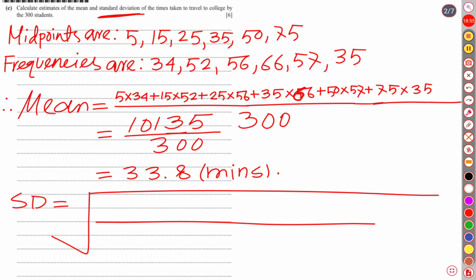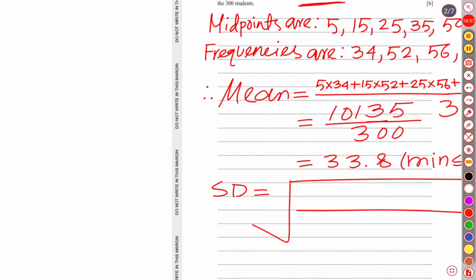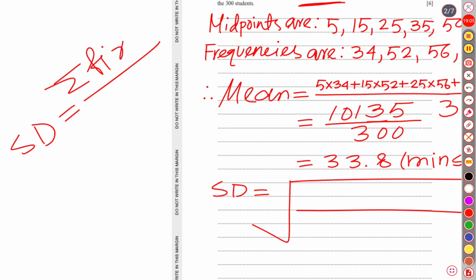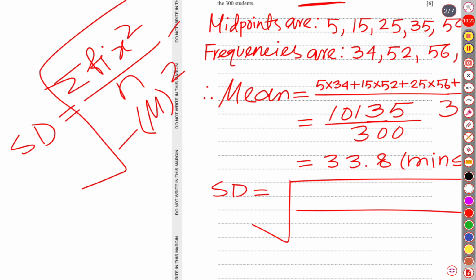If I write it, SD is equal to the sum of f_i x squared over n minus the mean value, mu, whole squared, all under a square root.